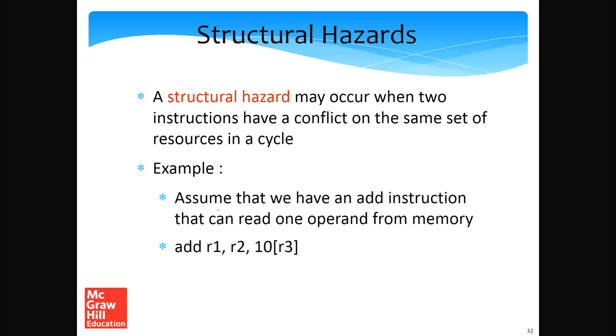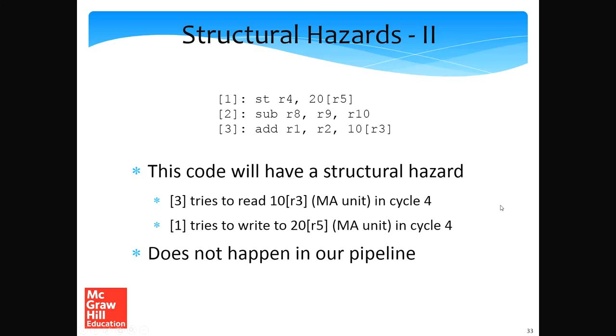So assume that we have an add instruction that can read one operand from memory, right? In such an instruction, one of the operands is coming from memory. Now let's take a look at an example in which a structural hazard can happen.